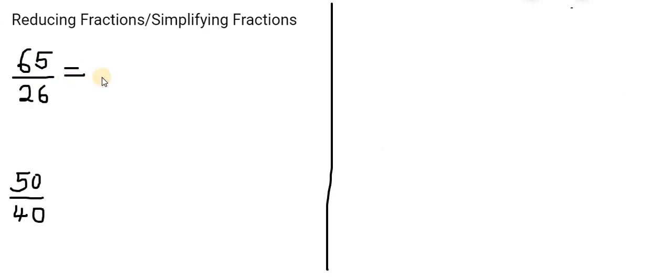Okay? So these are the next two fractions that we want to reduce or simplify. Start with 65 over 26. So we take 65, and it ends in a 5, so 5 is a factor. The number that goes with 5 to make 65, if you don't know that, long division, 65 divided by 5, you end up with 13.